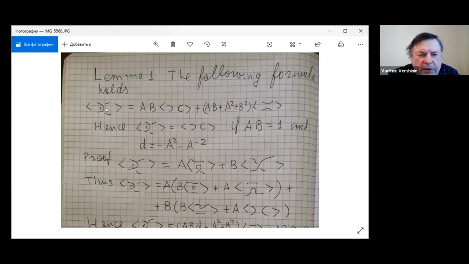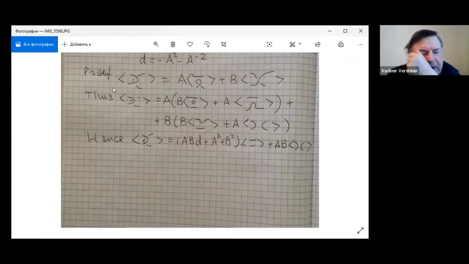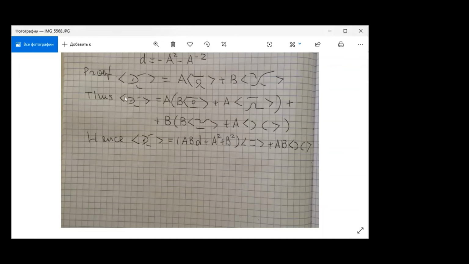So he just considers the smoothing. Right? You see, he considers the Kauffman bracket of this diagram, and he makes the smoothing at first at this point. You see this Kauffman bracket, Natalia? Yes, yes, I see. Very good.